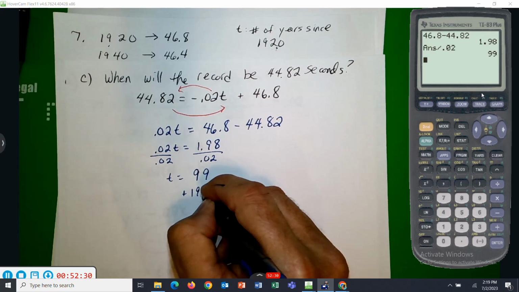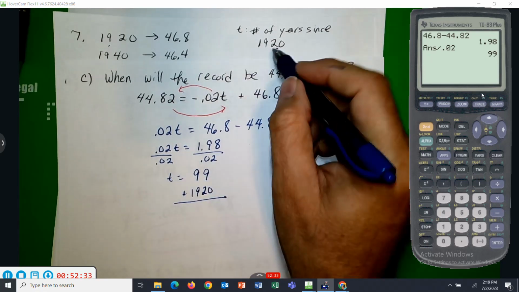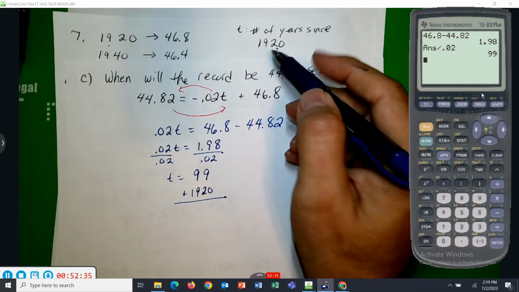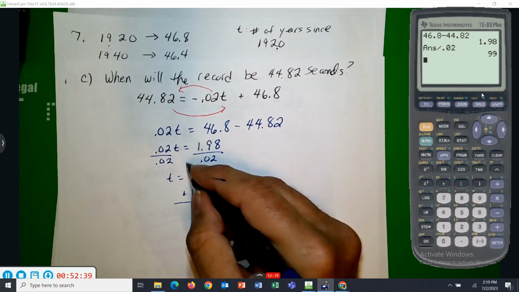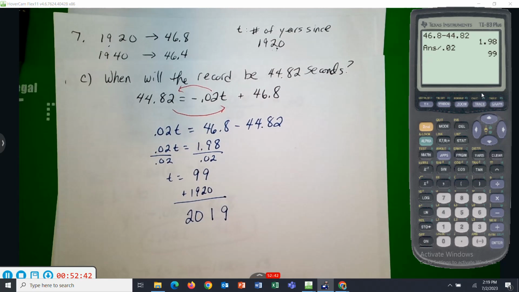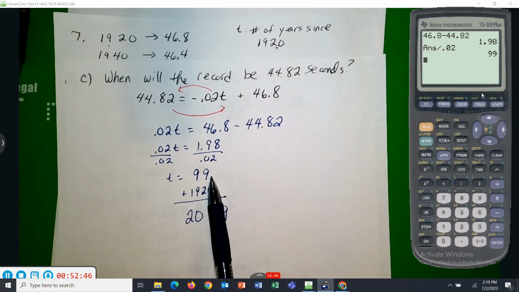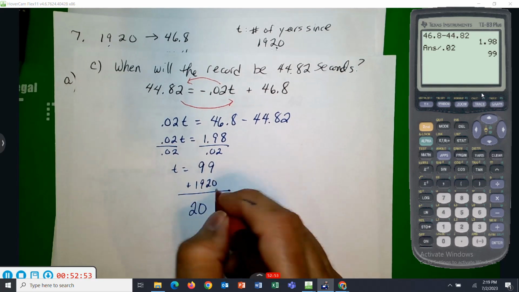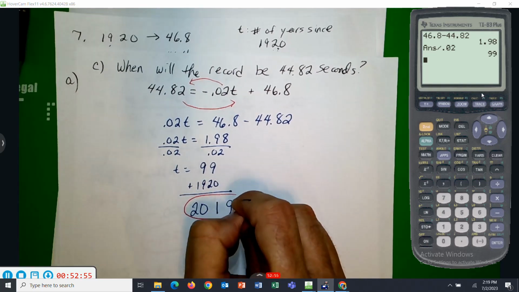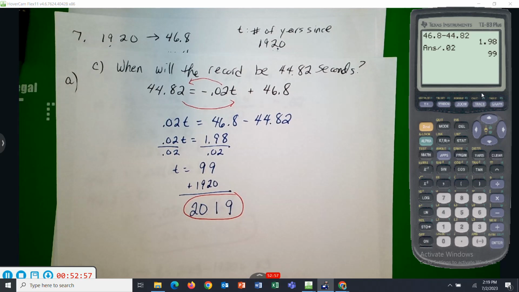I'm going to add 1922. I said since 1990. I meant since 1920. So it's 2019. Well, of course, 100 years since 1920 would be the year 2020. So according to this formula, in 2019, the record should be about 44.82 seconds.